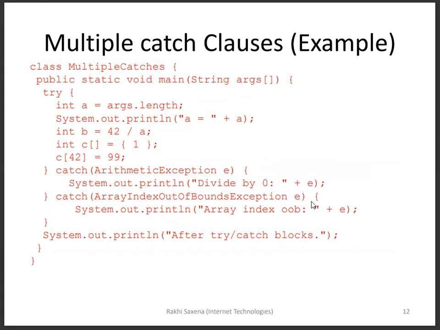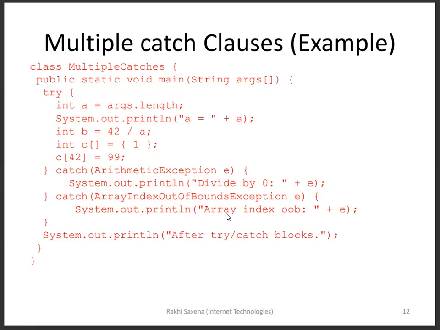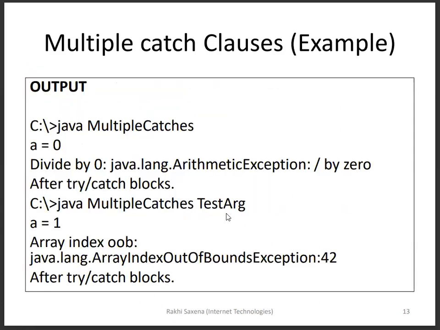Whatever the number of opening brackets, that number of closing brackets are there. Here in this case, we have the arithmetic exception and the array index out of bounds exception. This is the Java multiple catches example.